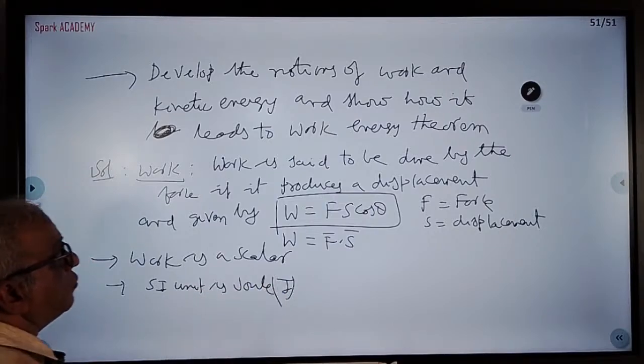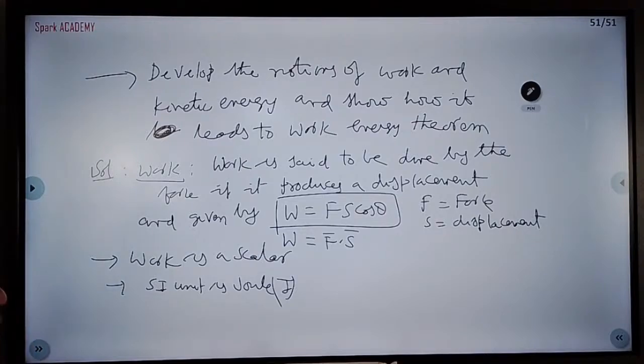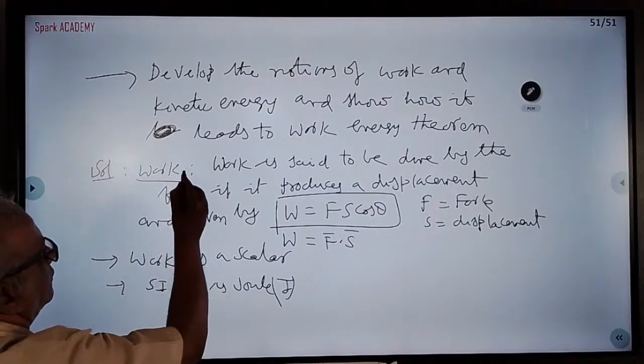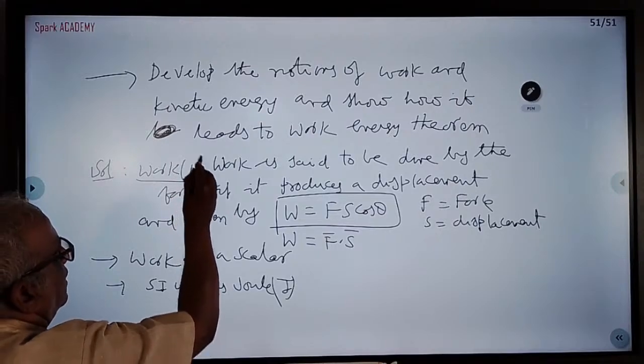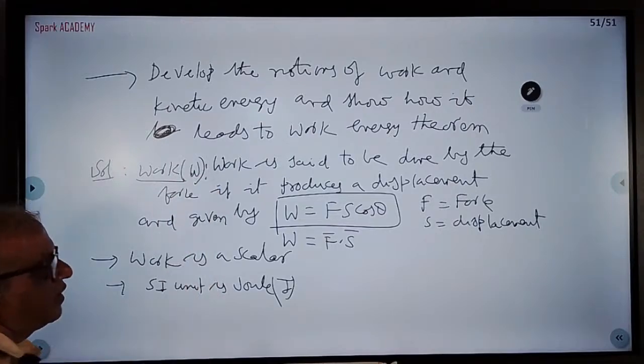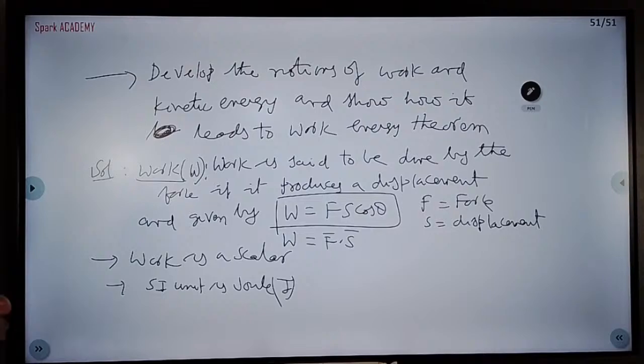This information you have to give. Work is said to be done by the force which produces displacement, W equals Fs cos theta, where W is work and theta is the angle between F and S.